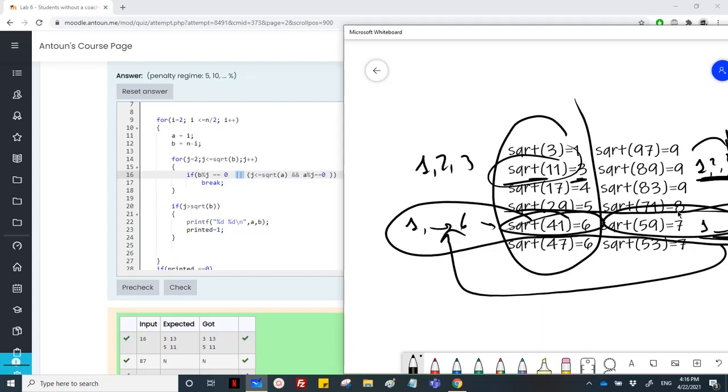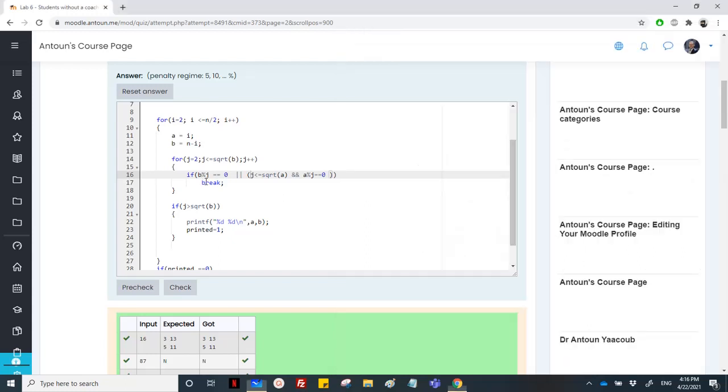So I will not check, for example, here 9, 8, 7, 6, 5, 4, 3, 2, because as we have solved it the first time, we need to loop over the square root of a, so there's no need to loop from 2 till 9 and check all these. So we don't check those numbers whenever j is greater than 1 in here, or greater than 3, or greater than 6 here.